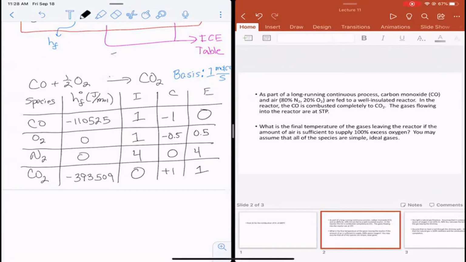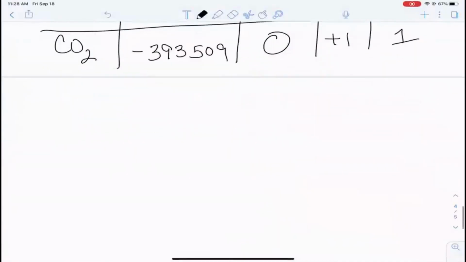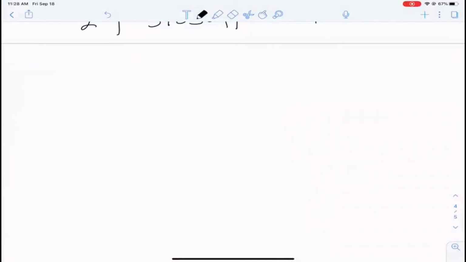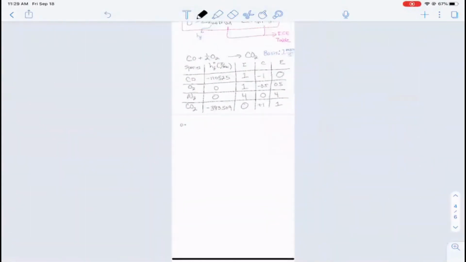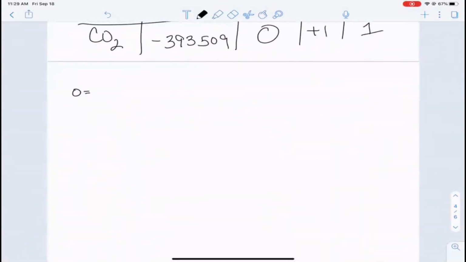All right, so now let's actually implement that equation, right? That 0, and I'm gonna slide this over so we can have a little bit of room to work here. So 0 has to equal everything that is leaving minus the stuff that is coming in.